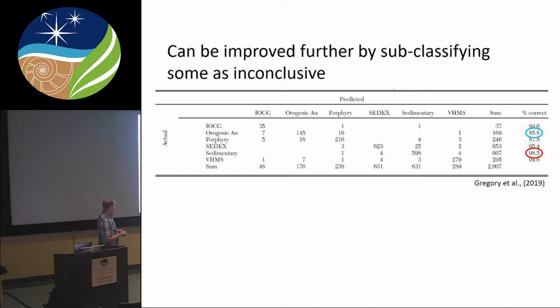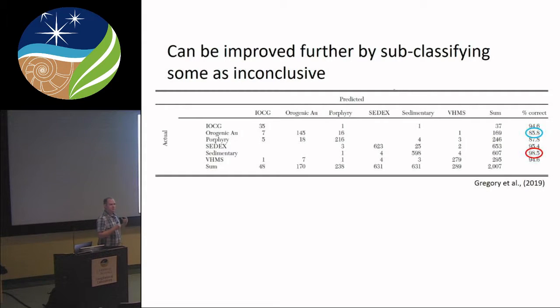And we found we could improve this by subclassifying a number of the data points as inconclusive. So remember I said that just one more vote will give a classification.